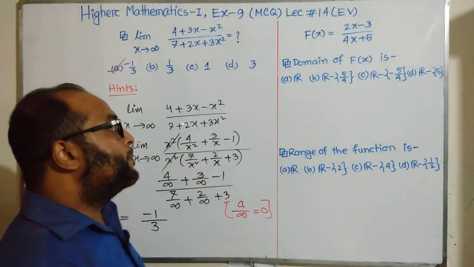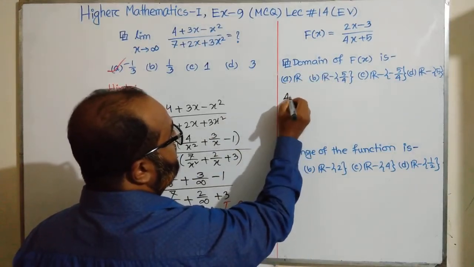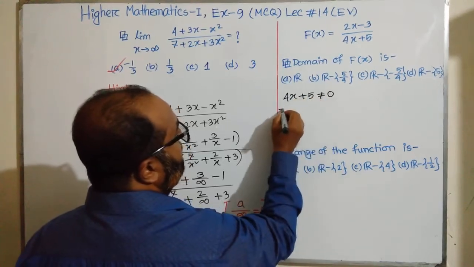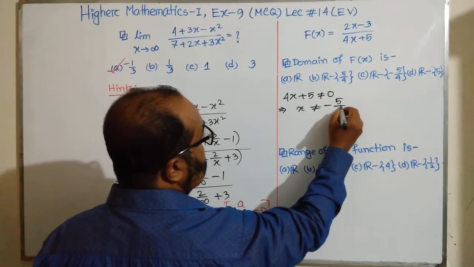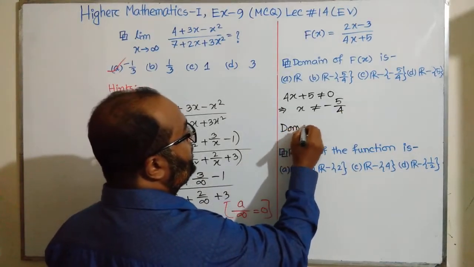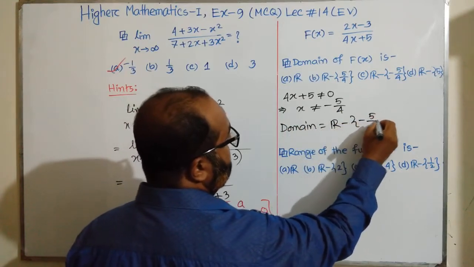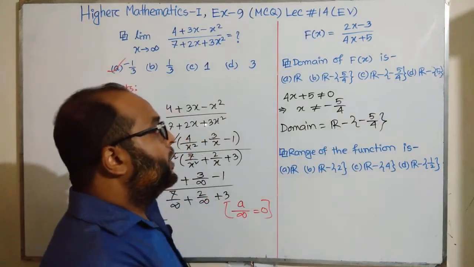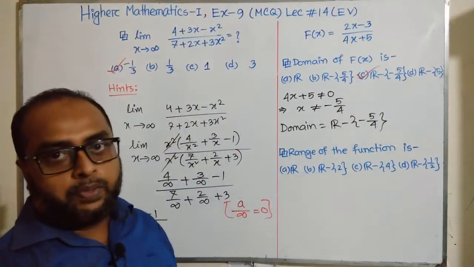So here in these types of questions, denominator this cannot be 0, 4x plus 5 this cannot be 0. From this we get x not equal to minus 5 by 4. That means domain of this function equal all real number except minus 5 by 4. My dear students, so here answer is option C.